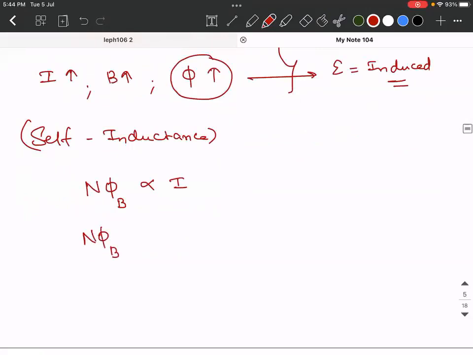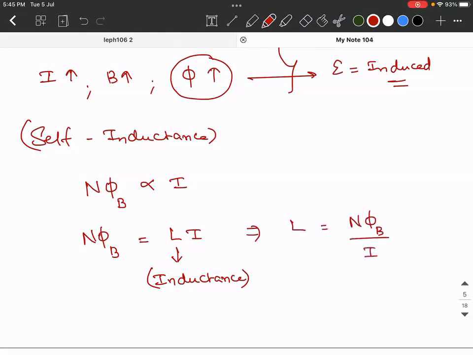So N times phi B will be equal to L into I. Right? Where this L is what is called as inductance. Okay. Which implies L will be equal to N into phi B divided by I.